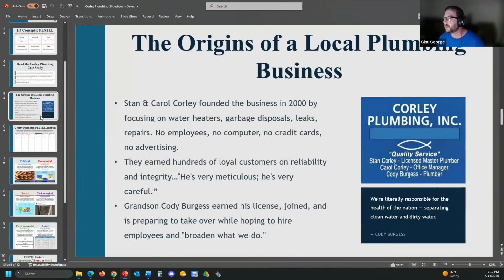So, the origins of a local plumbing business. A married couple, Stan and Carol Corley, start this business in 2000. They have a simple formula: do meticulous, honest work, charge a fair price, and rely entirely on word-of-mouth advertising. They have no computers, no credit card processing, no advertising.